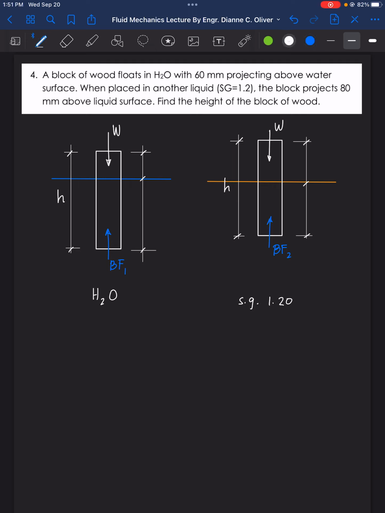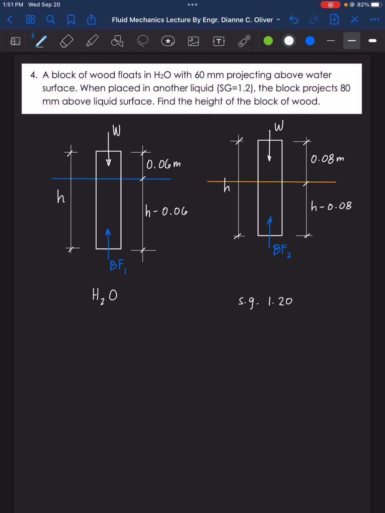In the first scenario, the projected height is 60 mm, so this is 0.06 meter, and for the liquid with specific gravity 1.2, the block projects 80 mm above the liquid surface, so 0.08 meter. So the submerged depths are h minus 0.06 and h minus 0.08.